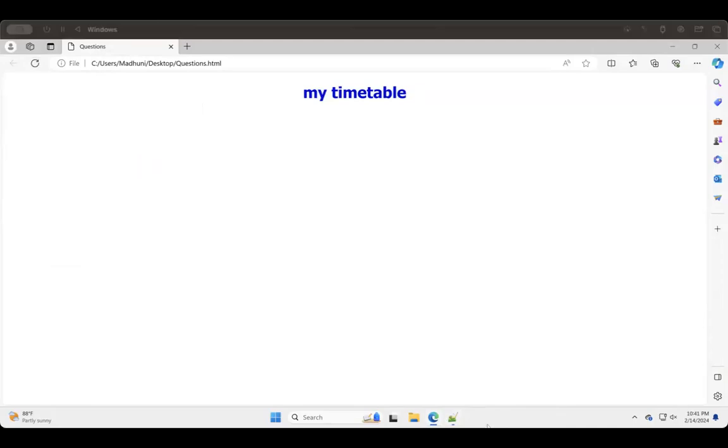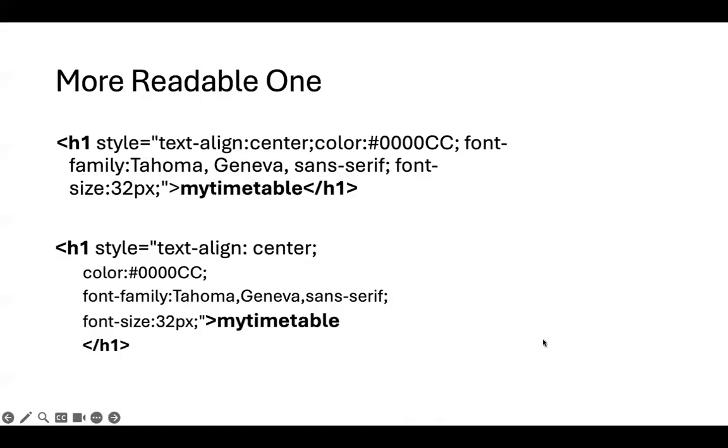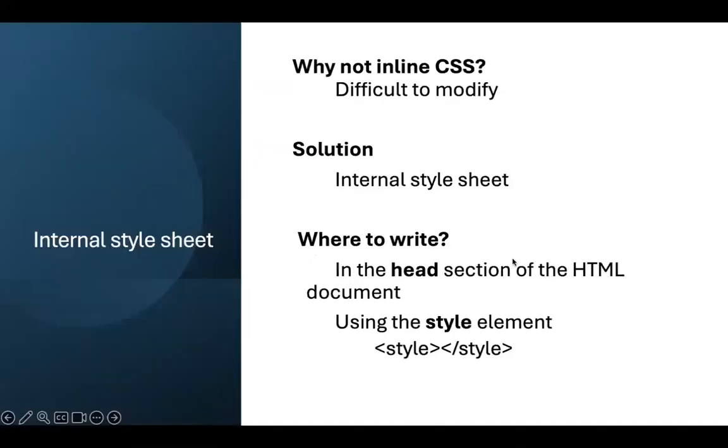Okay, let's see the next one. So why not inline CSS? When we are using inline CSS, it's difficult to modify, that is, in the tag itself, we are giving the style. So difficult to modify.